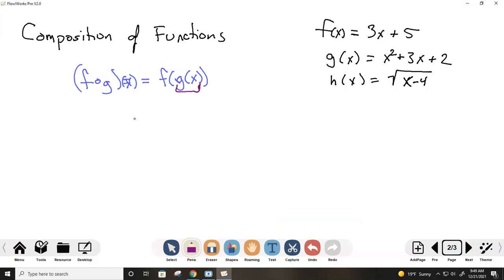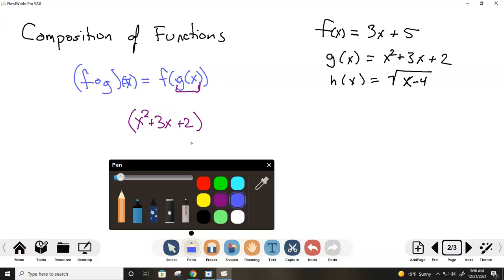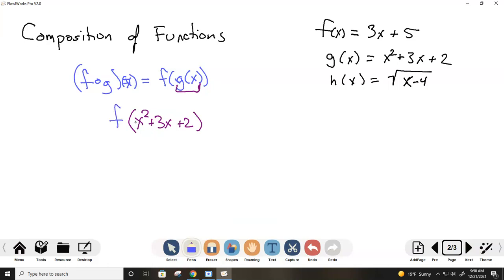And g of x is x squared plus 3x plus 2. And this is the output. I plug in x, this is the output I get. I can't get that to a number until I know what x is, so I just leave that as that expression.